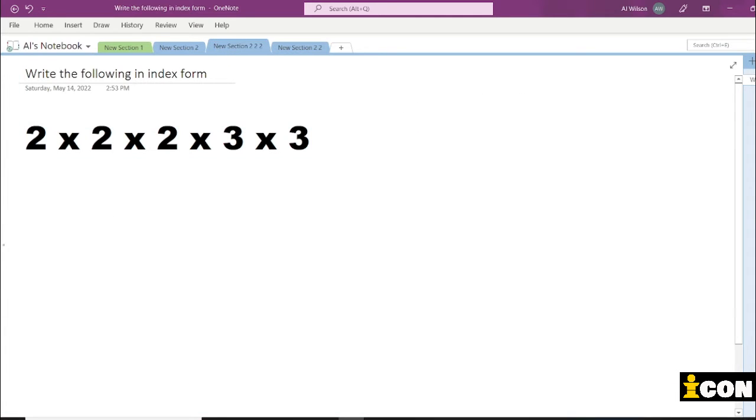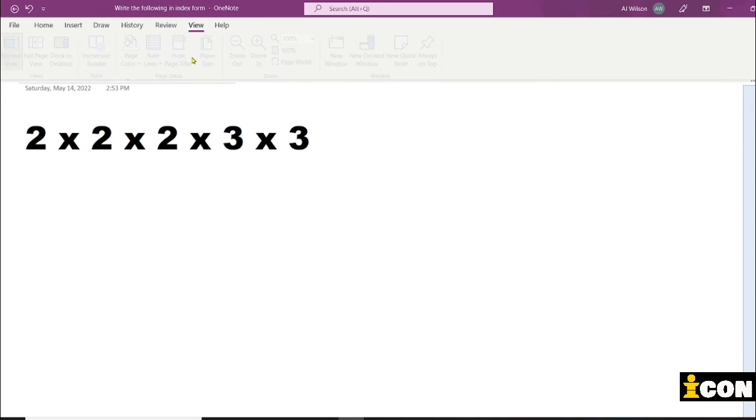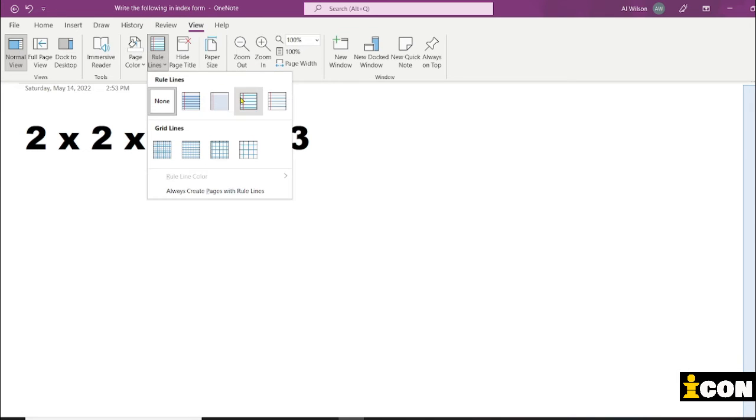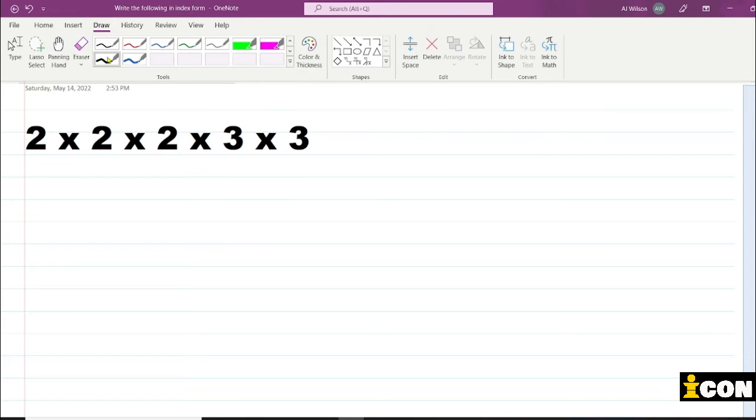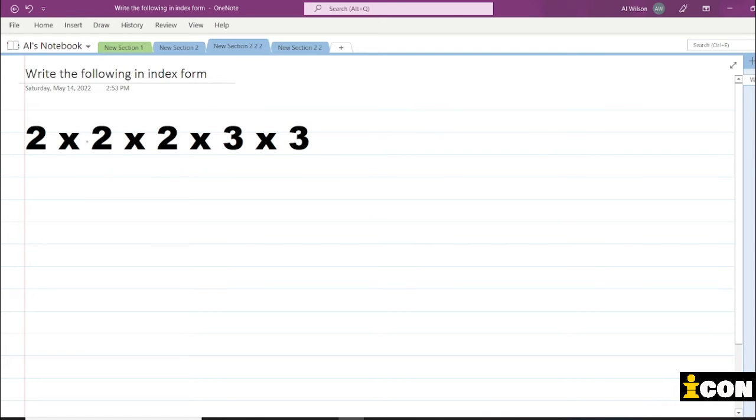But now let's look at questions that you need to become more comfortable with. So in this case here now, what we actually have is 2 times 2 times 2. Then we have here 3, so we're not only dealing with 2's anymore. There we have another 3. So again, what we're going to be doing is we need to establish what our base is.